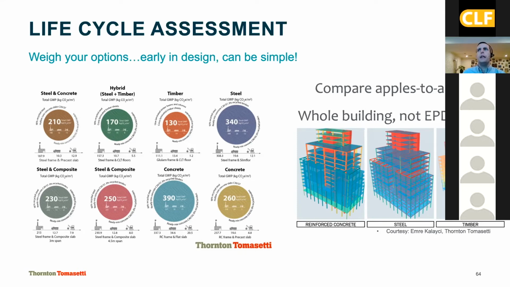So it's not the kind of thing where, early in concept of a project, when the owner is making decisions and getting input about what's the right material to use, we can just pull out an EPD for concrete and say, well, we would typically use a 6,000 PSI mix for a slab, and then pull out an EPD for a steel beam or a composite slab on deck, and then an EPD for CLT timber decking, and make that comparison and make real decisions based on that.